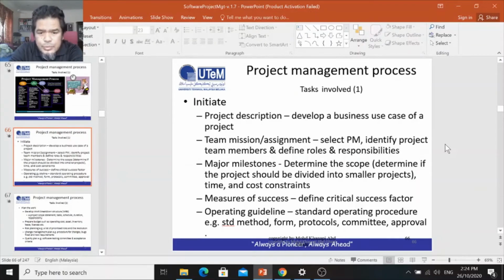So you need to design the standard form, a protocol, a committee to be discussed and to be approved.